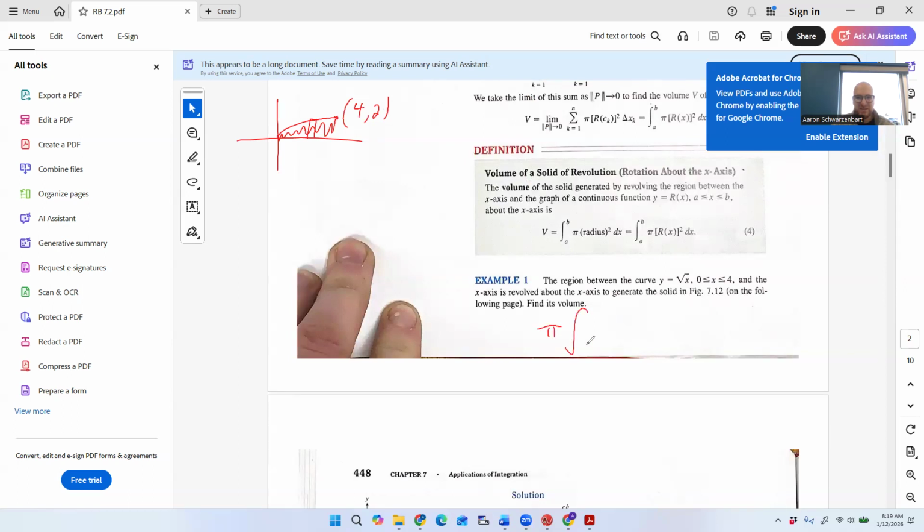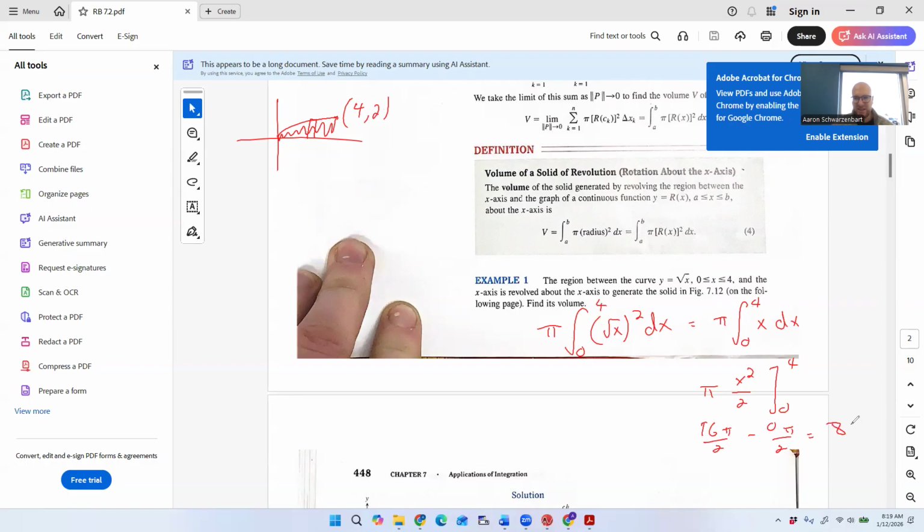Pi, integral from 0 to 4 of square root of x squared. I'll plug in my upper bound 4, 16 pi over 2 minus 0 pi over 2.